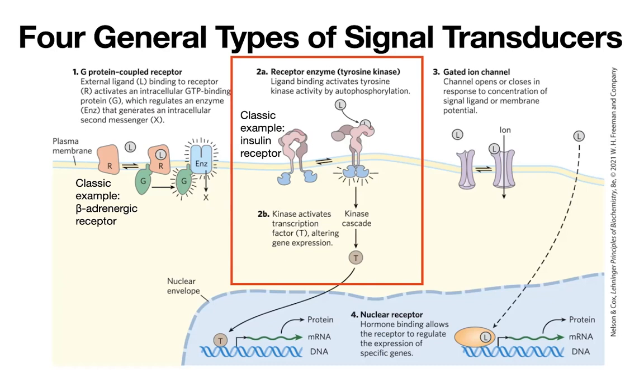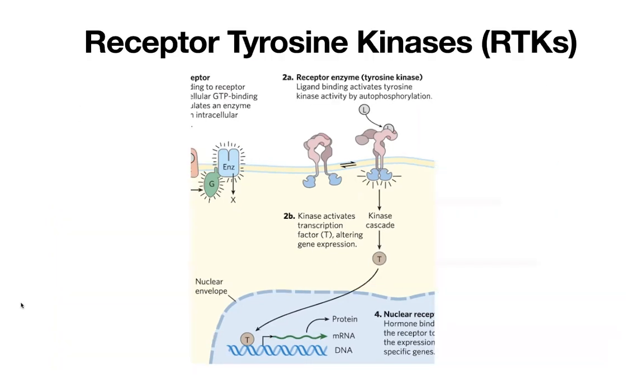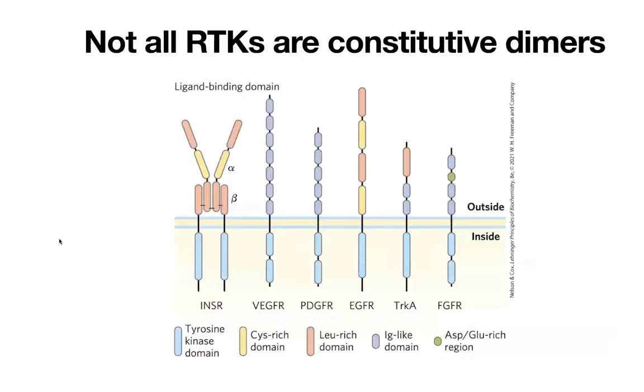And they can phosphorylate other things as well. But in order to be activated, they have to first phosphorylate themselves. When something's phosphorylating itself, we call it autophosphorylation. So it actually phosphorylates the other copy of itself. So receptor tyrosine kinases are going to act in dimers. And sometimes we'll see that they're constitutive dimers, such as in the case of our insulin receptor, our INSR.